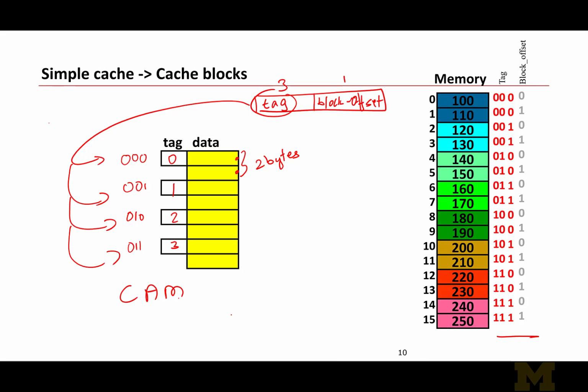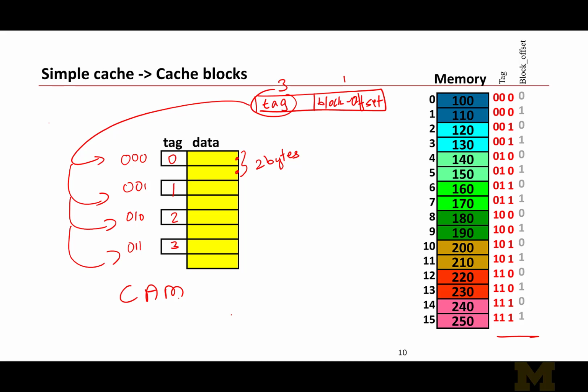And so at some point, it would take enormous amount of time to perform all these comparisons, even though they are all done in parallel, because the cache area would be huge, and the time it takes to wire and send the signals to all these parts of the cache would be time consuming.